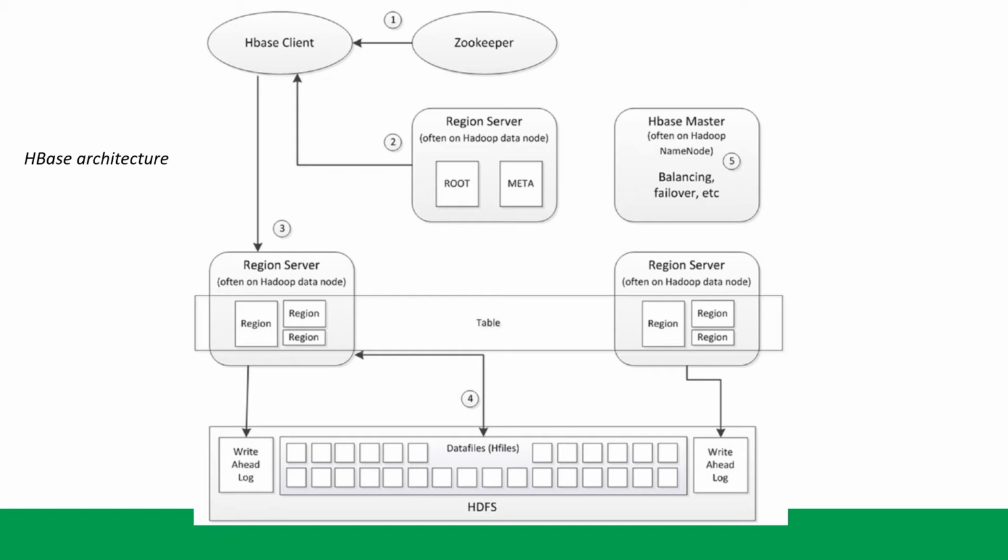An HBase client consults Zookeeper to determine the location of the HBase catalog tables, which can then be interrogated to determine the location of the appropriate region server. The client will then request to read or modify a key value from the appropriate region server. The region server reads or writes to the appropriate disk files which are located on HDFS.